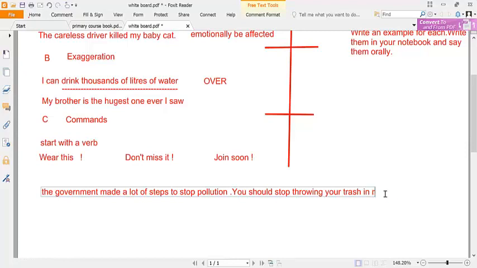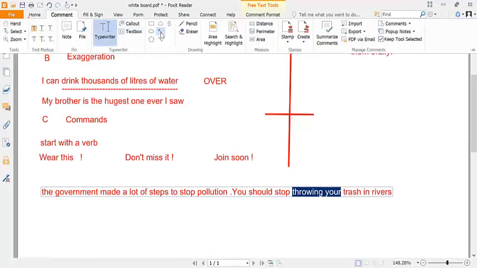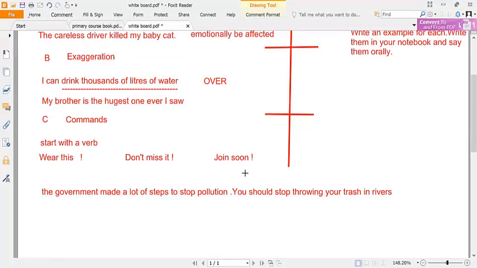The reader should stop throwing his dirt in rivers and oceans, but the reader is not talking to him. He said you. Is the reader in front of you? Surely no. So the second person, or talking directly to the reader, is always done by using these two words, you and your.